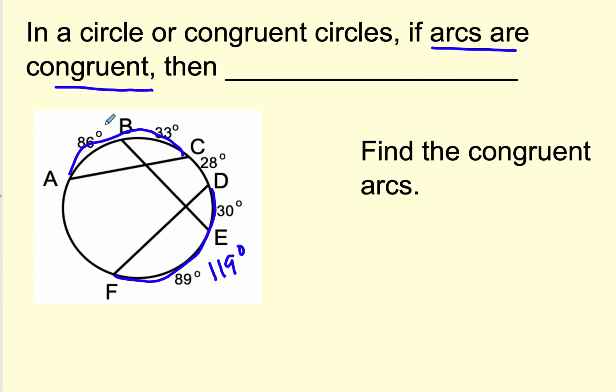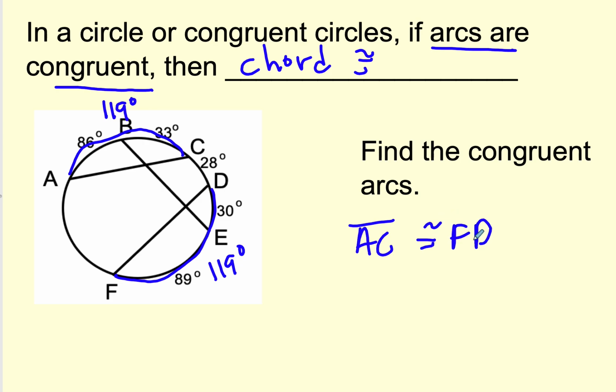So if the arcs are congruent, because they have the same measure, they are going to be congruent in the same circle. Therefore, the chords are congruent. And the chords we're looking at are AC, that's cutting off one of the arcs, is congruent to FD because that's cutting off another one of the arcs that we want to work with.